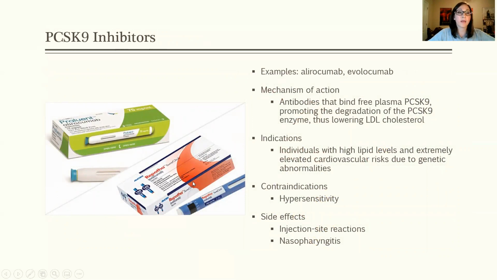Another class of medications are PCSK9 inhibitors, and these are actually injectables that are given subcutaneously. Now, PCSK9 is an enzyme that is made in the liver, and the enzyme binds to the LDL receptors and essentially destroys them, and that results in an increase in LDL cholesterol.